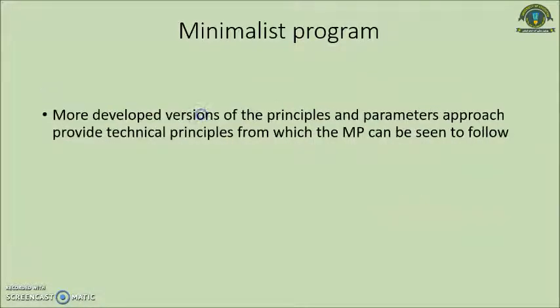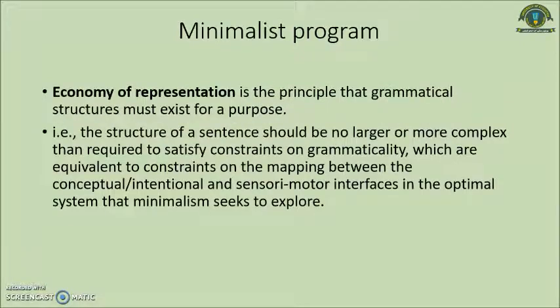economy of representation. Economy of representation means grammatical structures should represent only what is necessary. It means grammatical structures exist for a purpose, and our structures should only reflect that purpose, the necessary purpose.